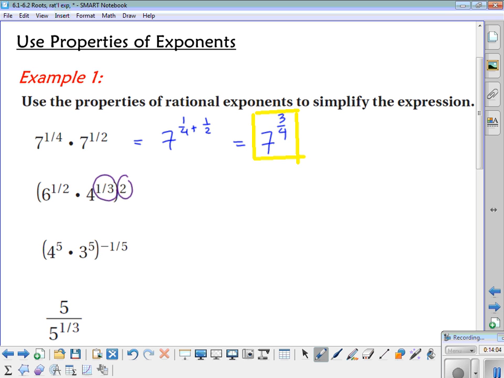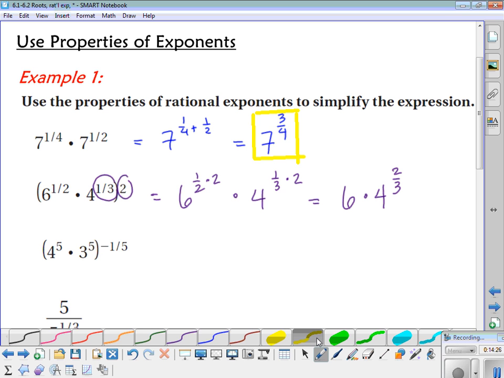So I'm going to have 6 to the 1/2 times 2 times 4 to the 1/3 times 2. So 1/2 times 2 is just 1, right? So 6 is just to the first power. Do I have to write the 1? No, it's assumed. And then times 4 to the 2/3. And that would be your answer. You would just leave it in that form.